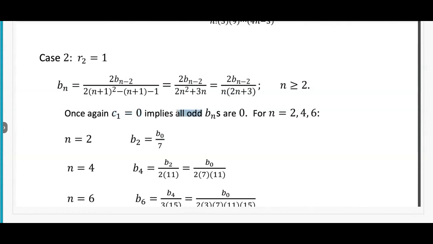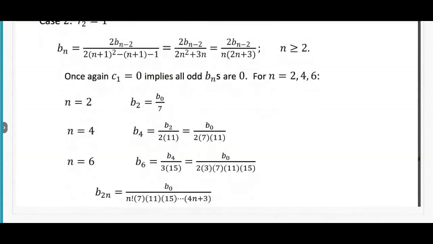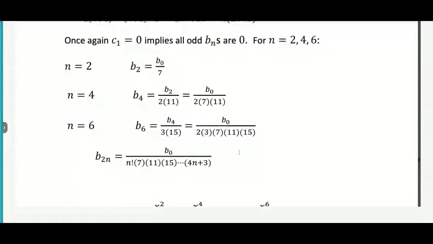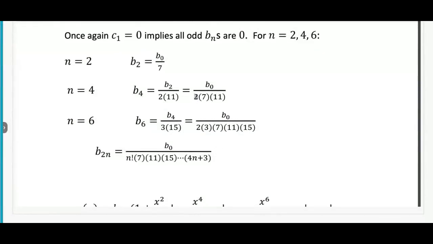So that implies all odd ones are 0. For the even ones, we get the second term is 1/7 of the first term. Then 4 equals 2 times 2, so 2n, n equals 2. We have this, n equals 3, we have this. So we observe we have 2 times 3.